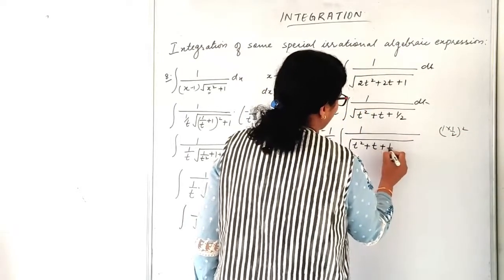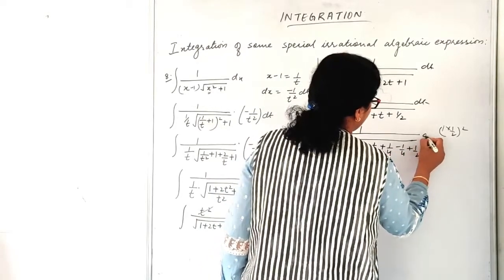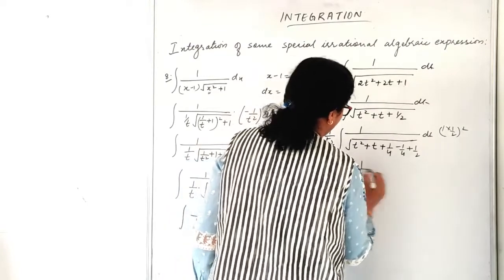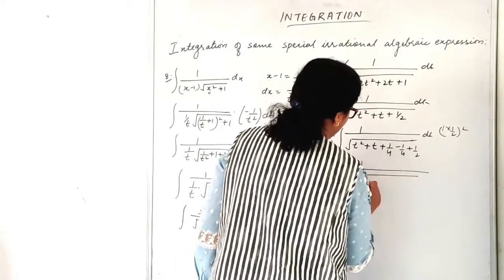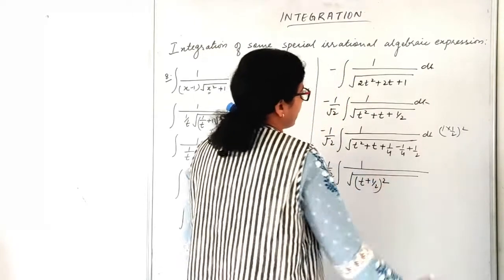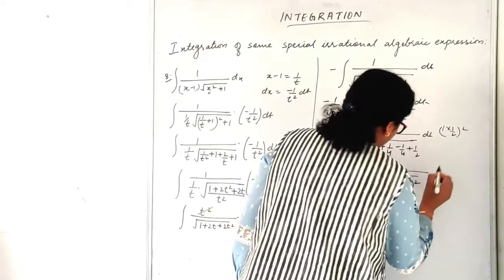So I am getting here 1 by 4 minus 1 by 4 plus 1 by 2 dt. So minus 1 by root 2, 1 upon root of (t plus 1 by 2) whole square, and this will become plus (1 by 2) whole square.